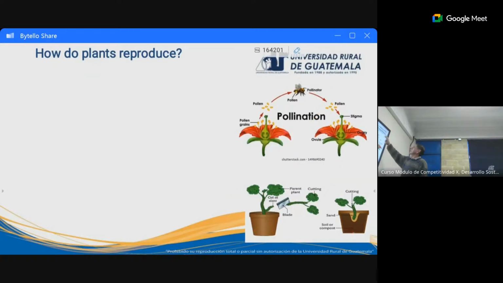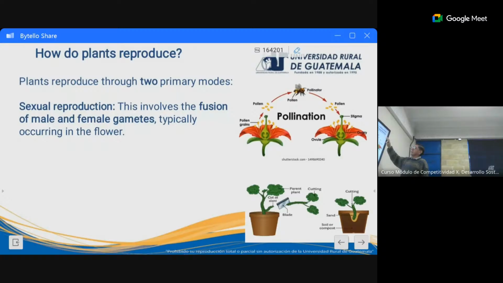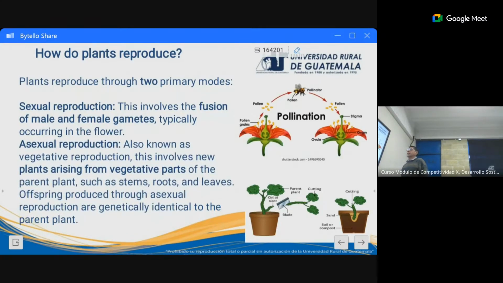Now let's check the information that we have here, and let's analyze this information. So plants reproduce through two primary modes: the sexual reproduction, which involves the fusion of male and female gametes, as I showed before, and typically occurs in the flower.